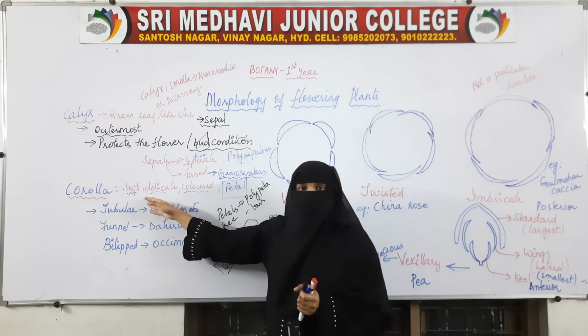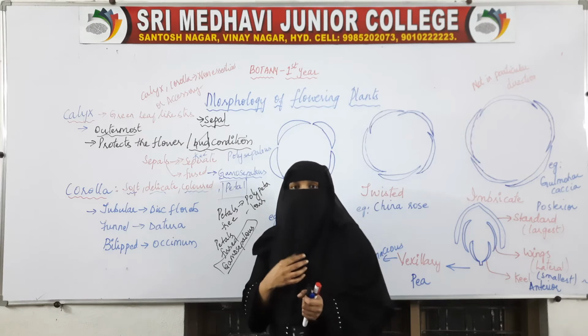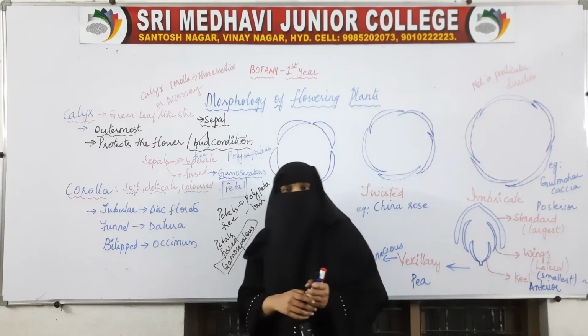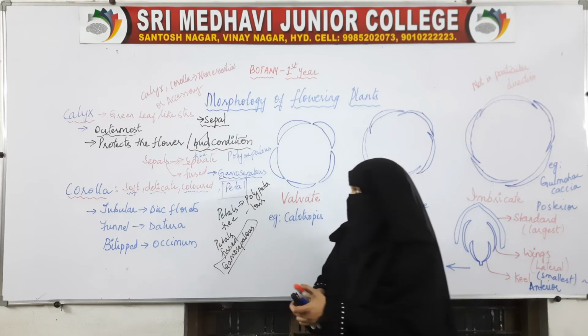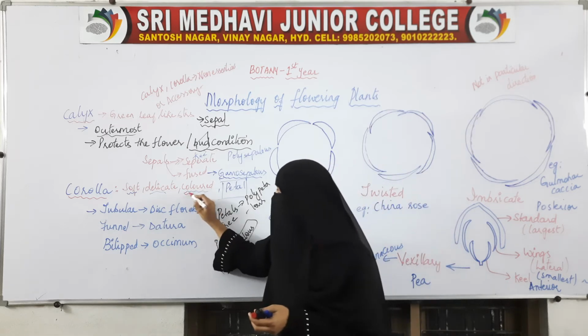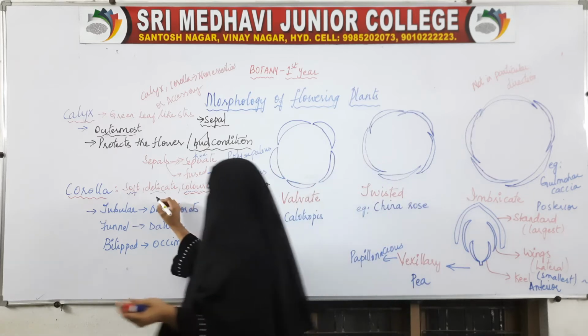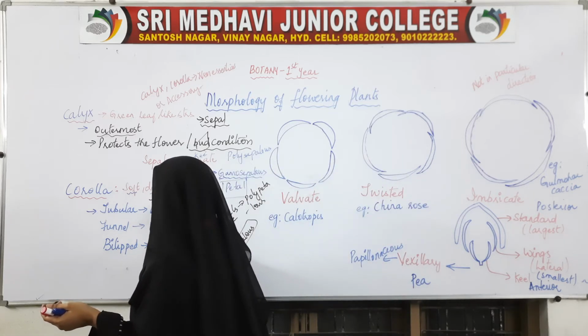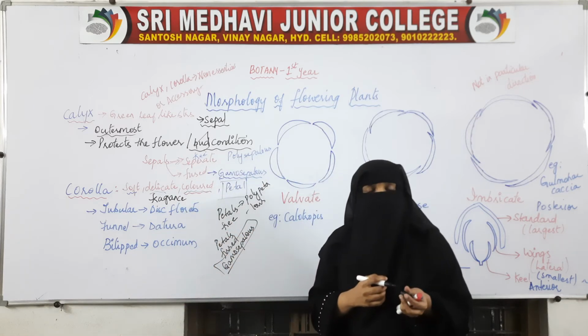So the corolla consists of all these soft, delicate, colored structures together. What is the function of the corolla? It is colored, and some petals will have fragrance and some will not.